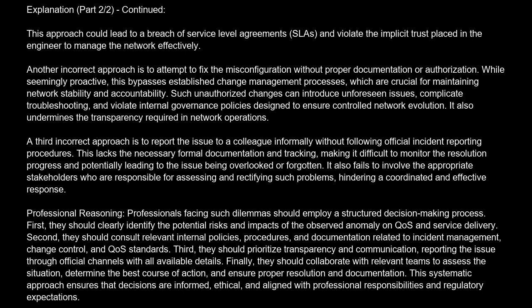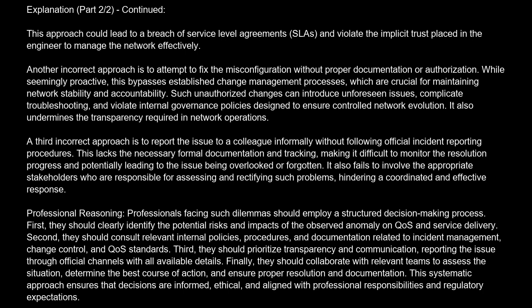Professionals facing such dilemmas should employ a structured decision-making process. First, they should clearly identify the potential risks and impacts of the observed anomaly on CoS and service delivery. Second, they should consult relevant internal policies, procedures, and documentation related to incident management, change control, and CoS standards.